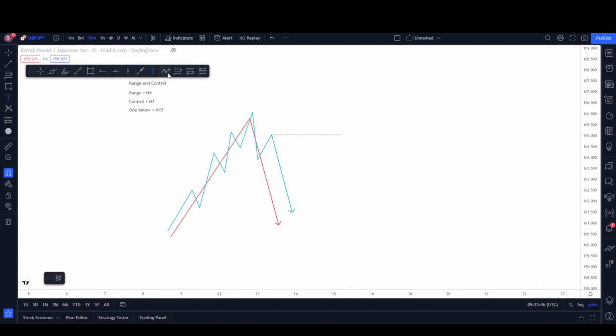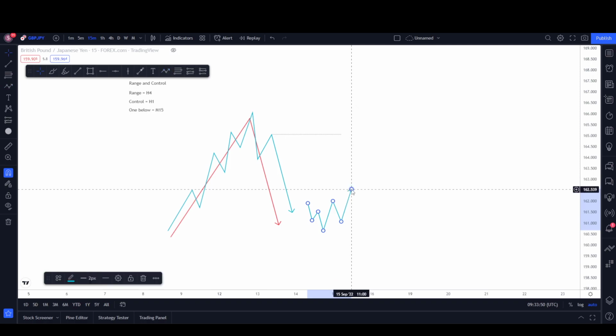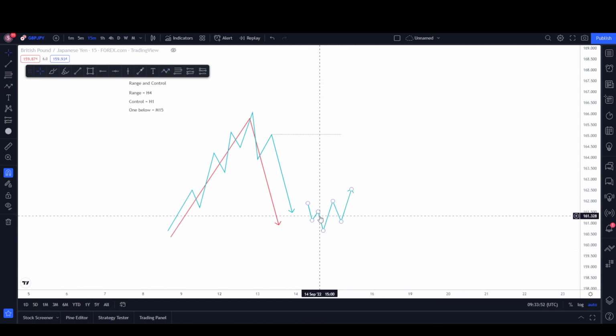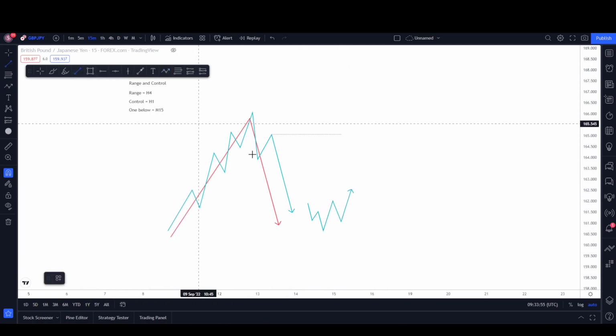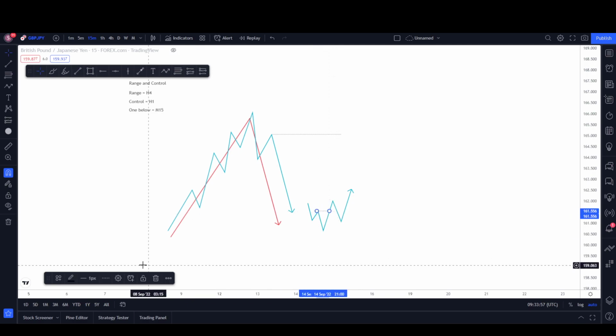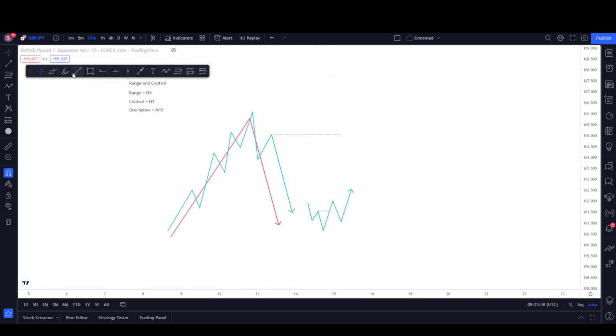So let's say M15, we get some sort of breaker structure. It's just a reversal pattern, and this is the most basic form. Like I said in the last video, you probably want to wait for a QM, which will have liquidity feeding in to make it high probability.